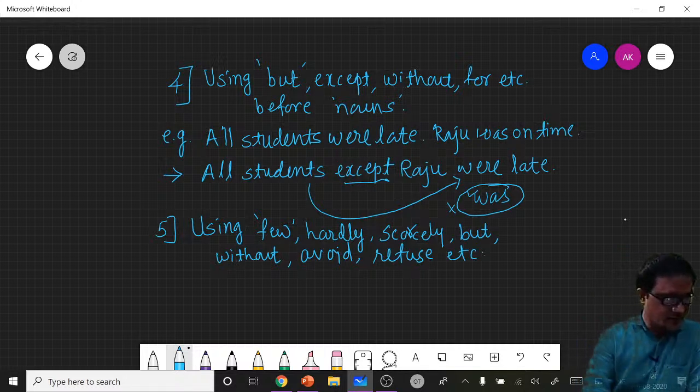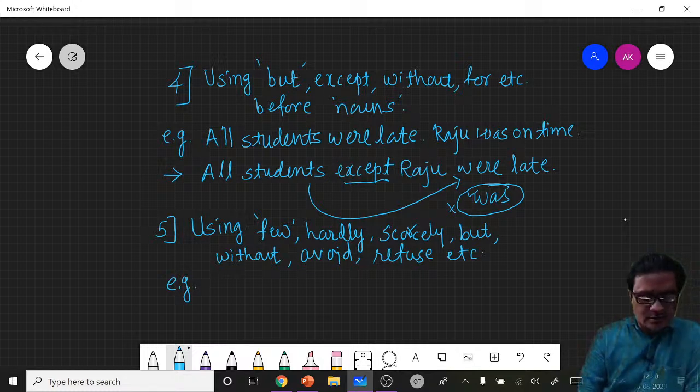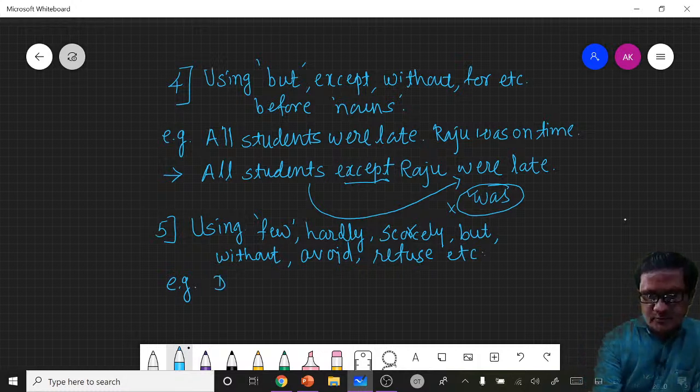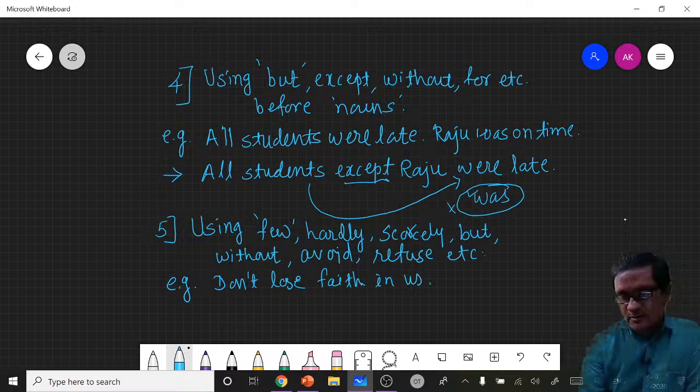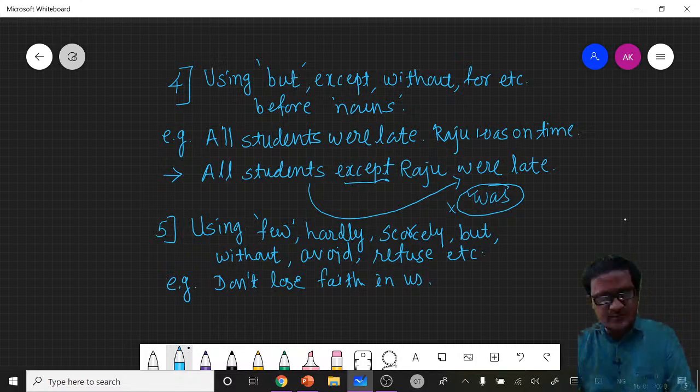One example I will tell you, and this is the last rule that we are going to learn today. Don't lose faith in us, or trust on us. If we use trust, we have to take the preposition on us.